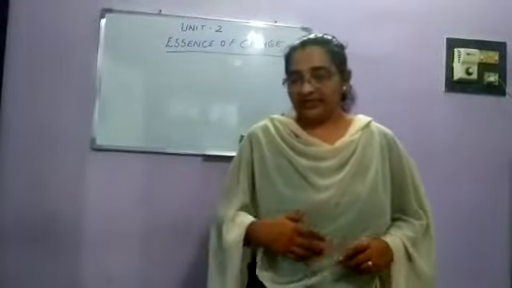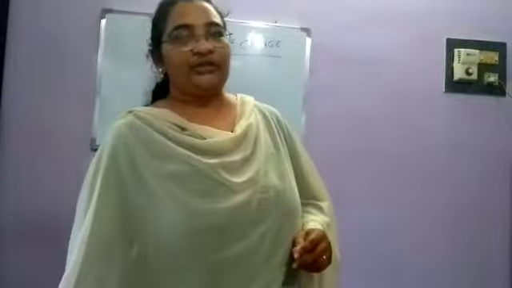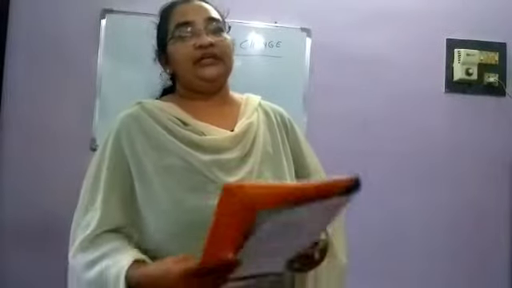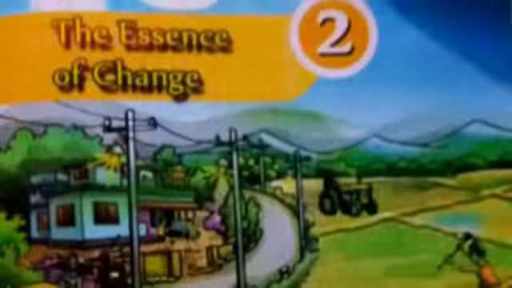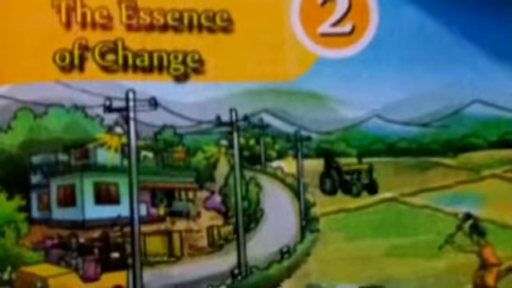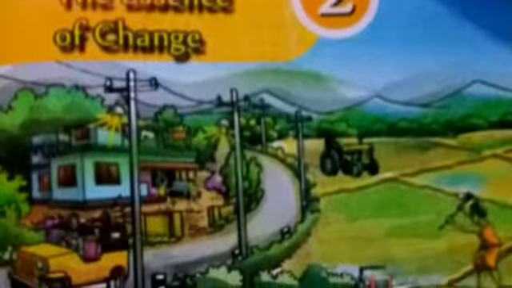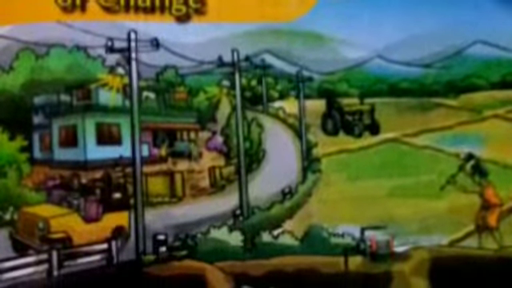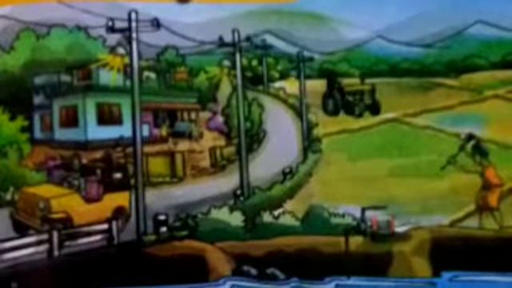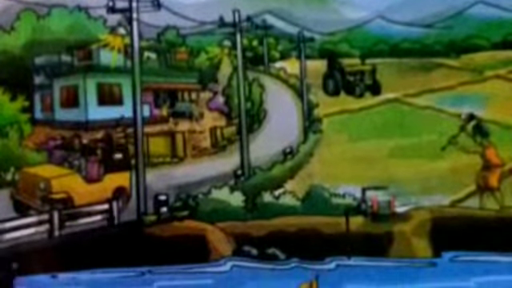Now, when you open your textbook, on the first page, you have a picture given. Your first activity is to go through this picture very carefully. There are different types of things in the picture, and different activities going on.